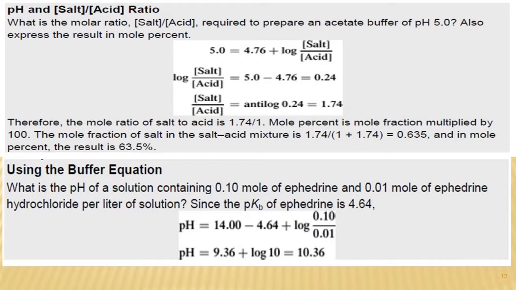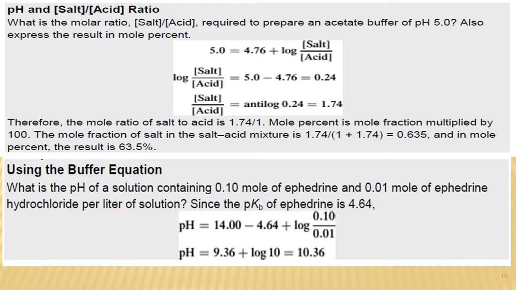You will take two levels. The first level 1.74 over 1, and you will take the equal lower unit until you get this ratio 0.635 and multiply by 100%, it will be 63.5, the total ratio.